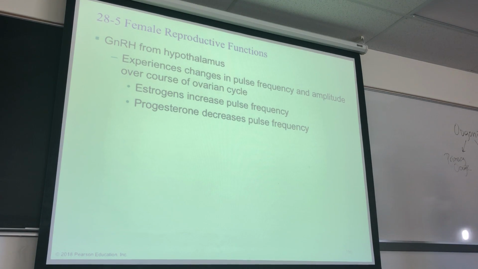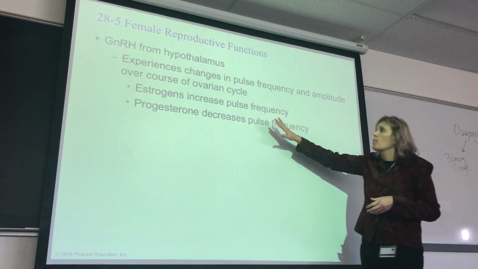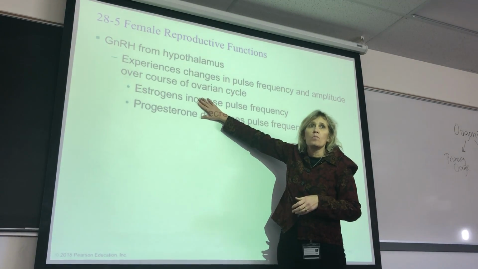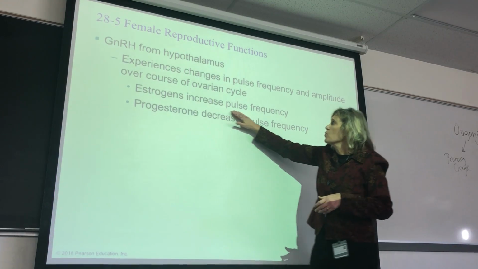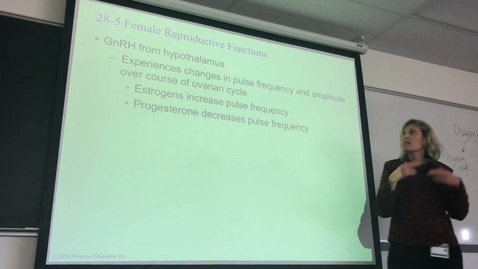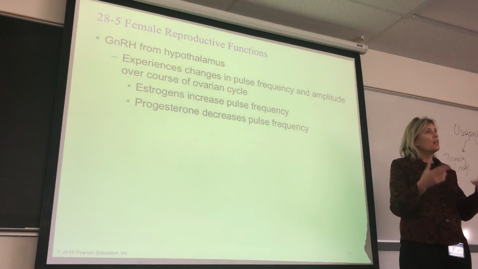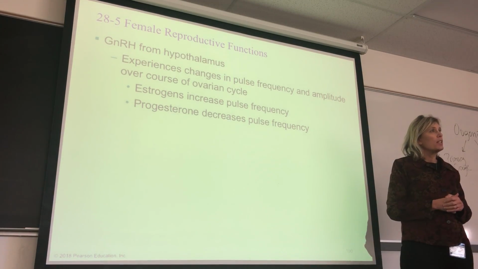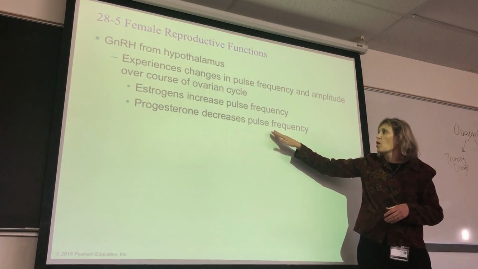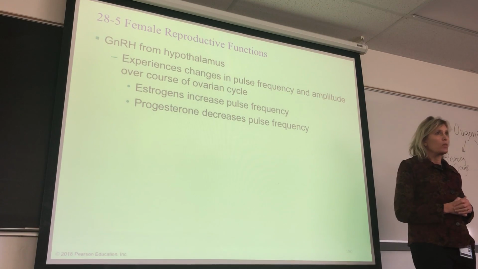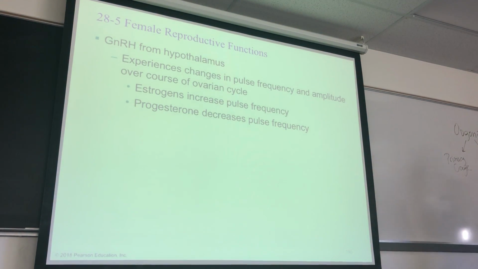When it's at a higher pulse, it's going to stimulate them. So it's affected by both estrogens and progesterones. Estrogens will increase the frequency of gonadotropic releasing hormone being released, whereas progesterone will decrease the pulse frequency.